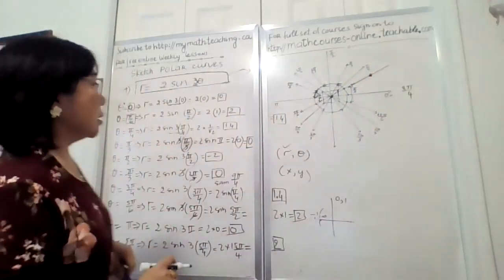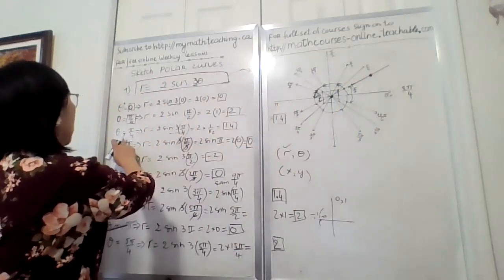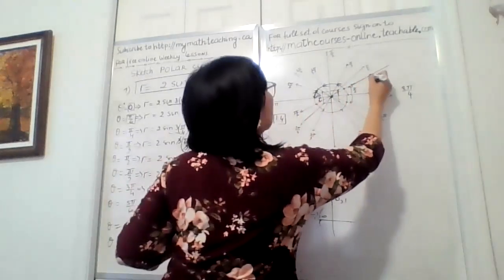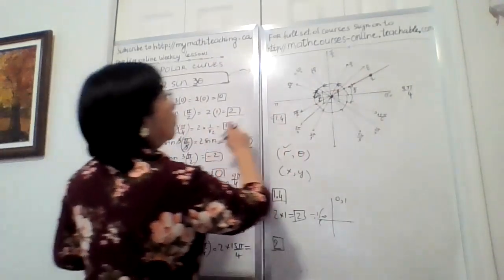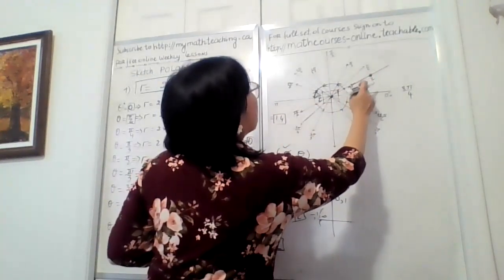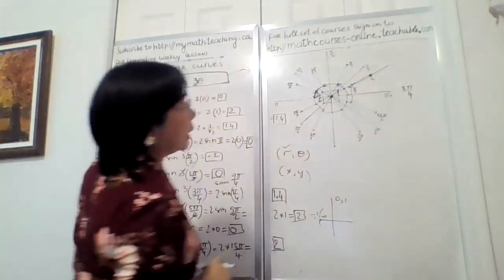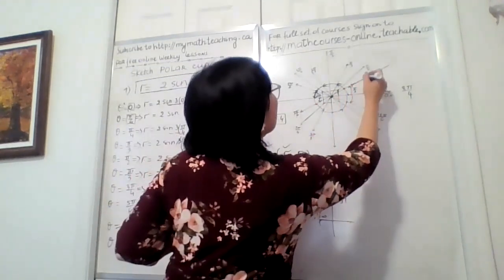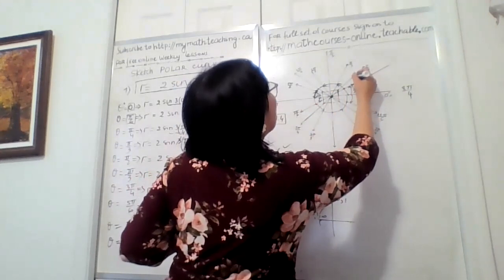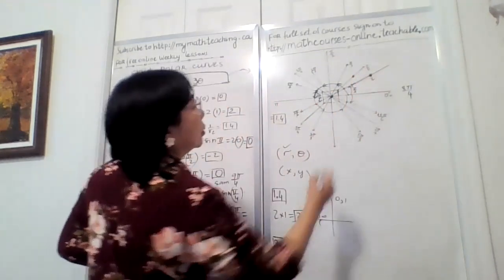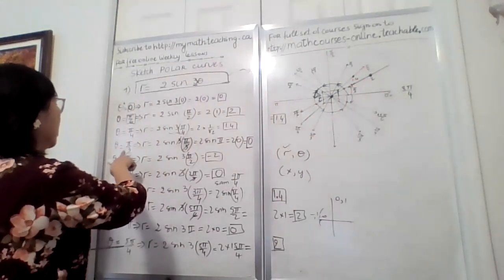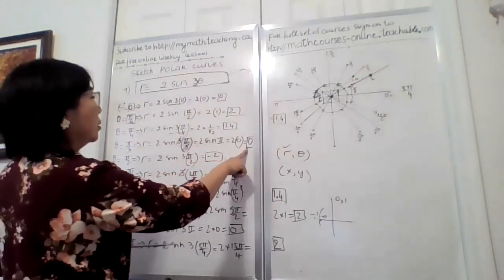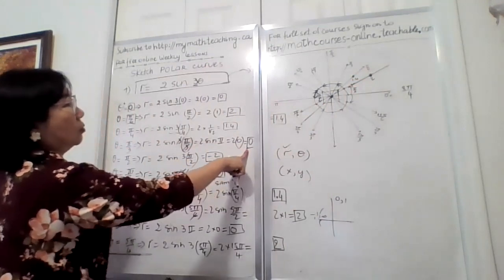So pi over 6, that's the point. And let's mark it at 2 here. And pi over 4 is 1.4. So 1.4 is almost like 1.5, so it's about here, 1.4. And if theta equals pi over 3, the answer is 0.